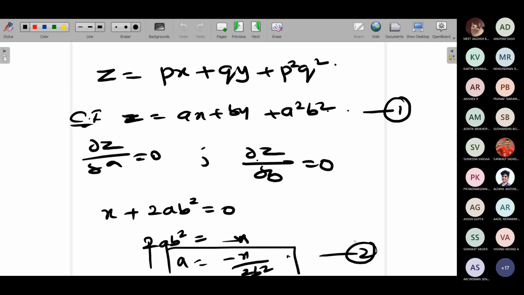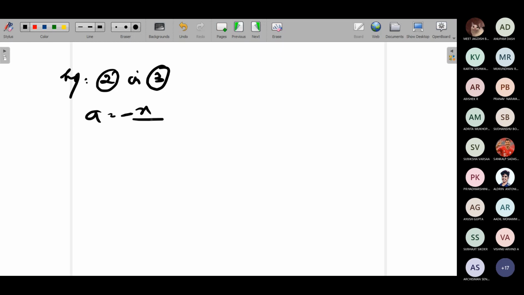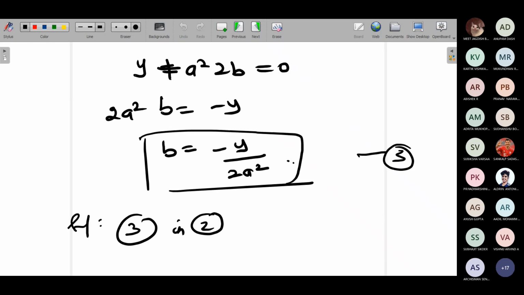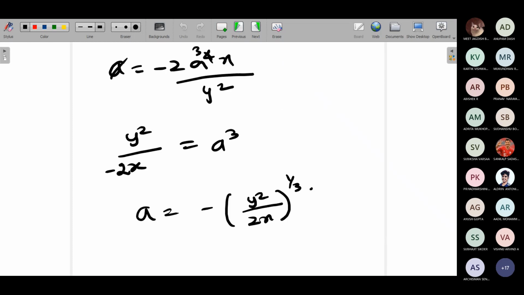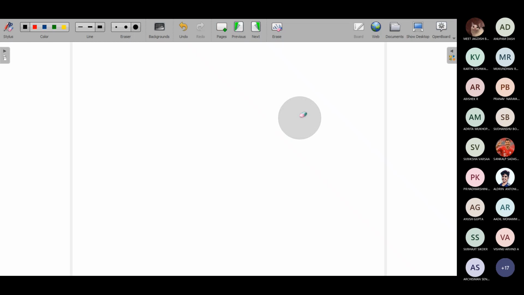A equal to minus x by 2b square. What is your 3? B equal to minus y by 2a square. But you can directly substitute the value of a in this and get the b. That is also better. Why do you want to complicate it?